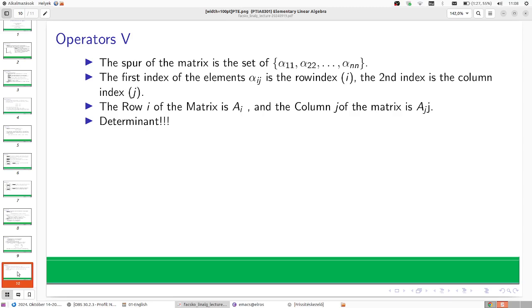It's 1, 2, 3, because this is the unit or identity operator. In the spur, there is only one.